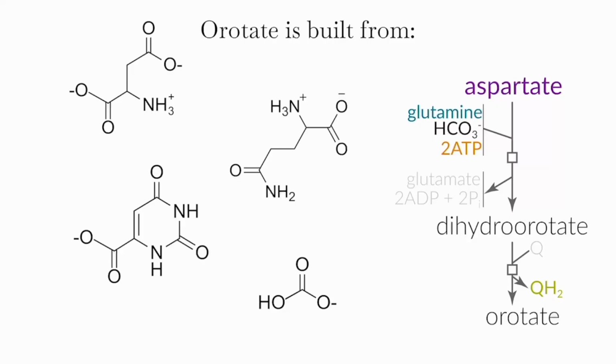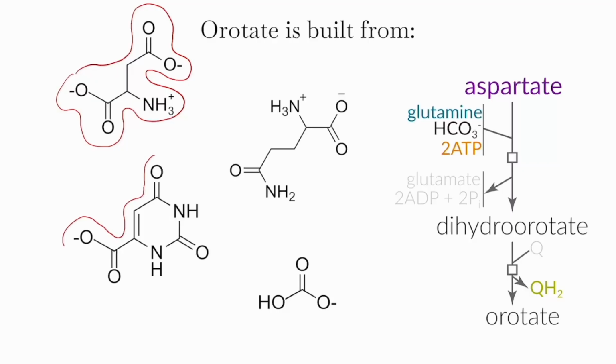So here's our orotate. And if we draw a circle around this aspartate here, you can actually see, hey, look, it is just right here in the base, in the orotate. So everything except for this one oxygen ends up just hanging out in the base.